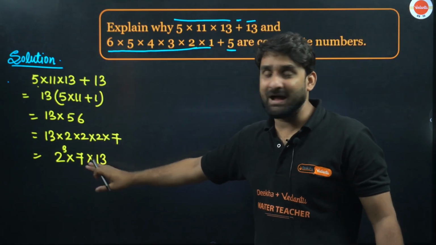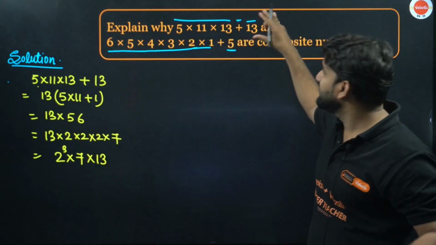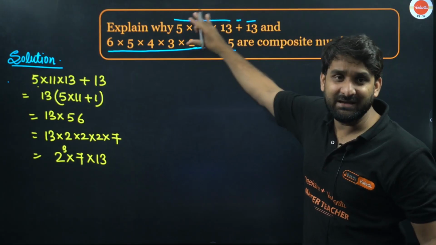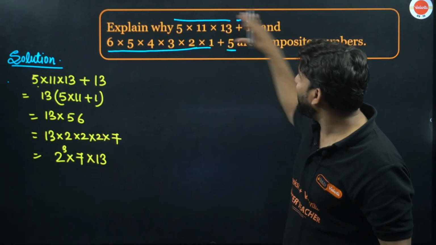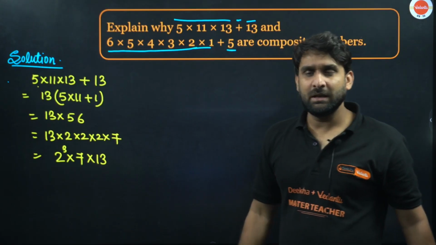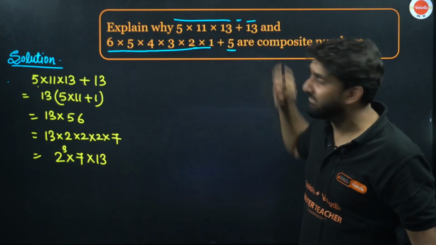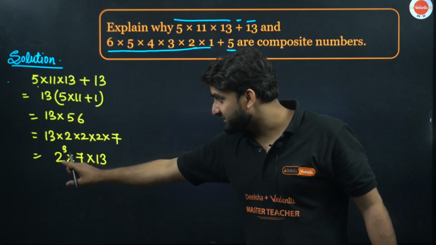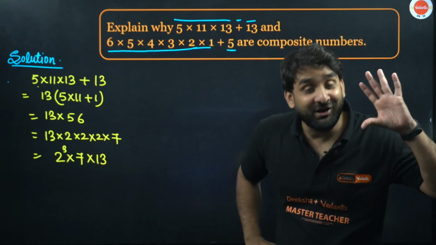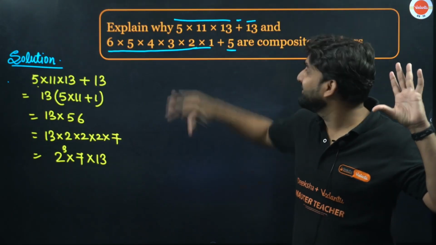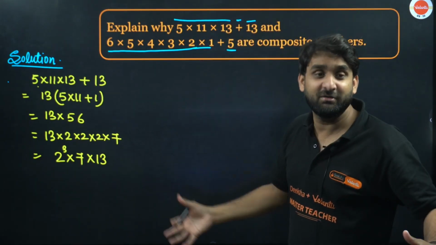It indicates that this entire number can be divided by 2, by 7, and by 13, because the prime factors are 2, 7, 13.